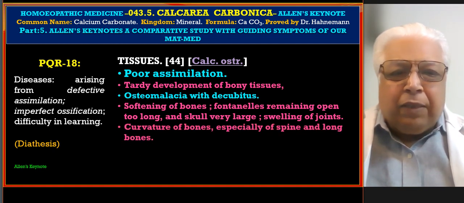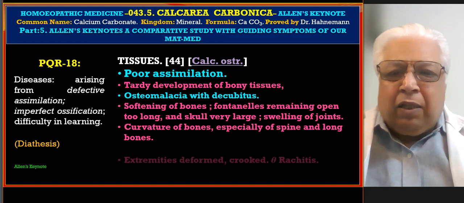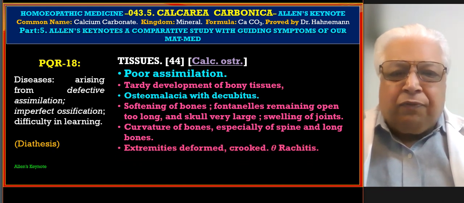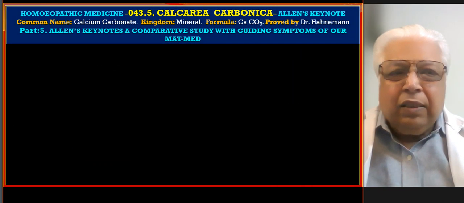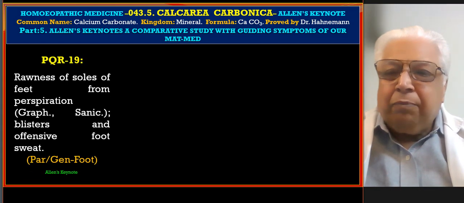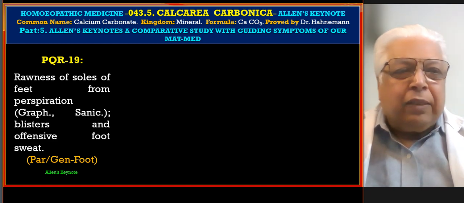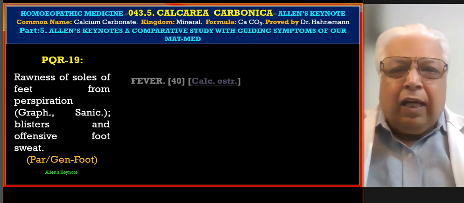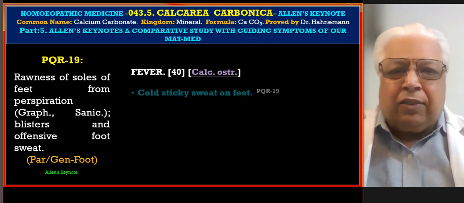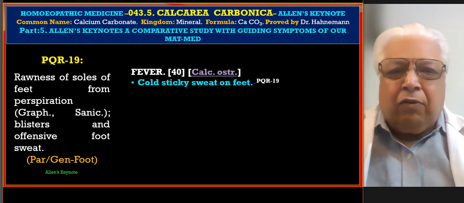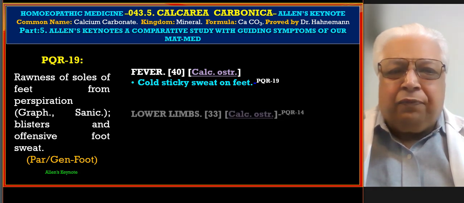Curvatures of the bone, especially of spine and long bones, extremities deformed, crooked. We go to the PQR 19, rawness of the sole of feet from perspiration, blisters, and offensive foot sweat. It is a particular general in the foot region, and we find reference in the fever section, chapter 40, cold and sticky sweat on the feet.